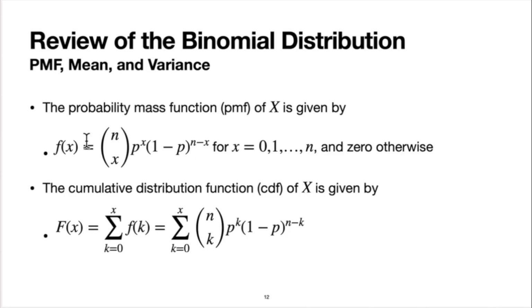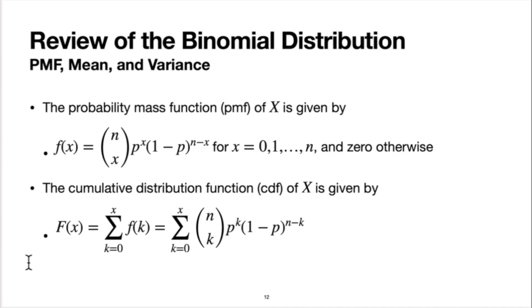So we have n choose x times the success probability raised to the number of successes times the failure probability raised to the number of failures. Again, this PMF is given by this expression as long as the argument at which we're evaluating the function, which we're denoting by x here, is in the range of integers from 0 to n. For any other value of x that we might plug in there, for example 1.5 or negative 3, it evaluates to 0.